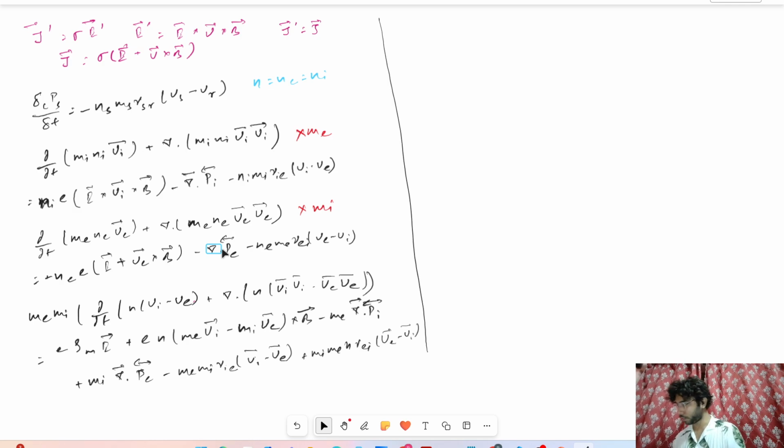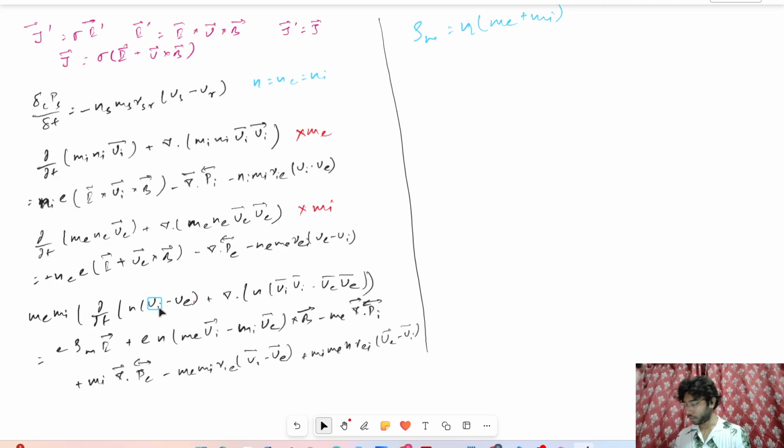So let's look at which term. So the first term, so this is just J, right? Okay, another thing to mention is that rho m equals n times Me plus Mi.